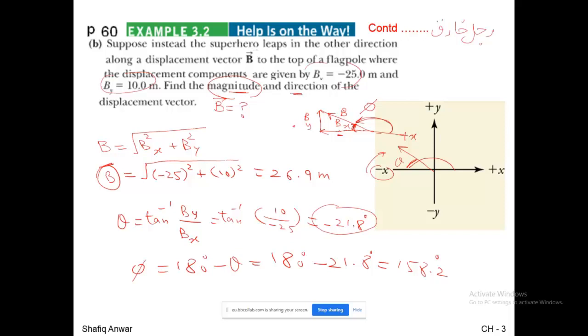And as I told you, you are interested in finding the angle from the positive x-axis this side. This total is 180 degrees minus theta. You will get the angle from the positive x-axis. I give it a different name because this is theta, this is phi. I cannot give the same name to both. So 180 minus theta. Please don't do minus plus here. You will be getting more than 200. That will be against the rule, because from here up to here is 180 degrees. Okay, so that's it.